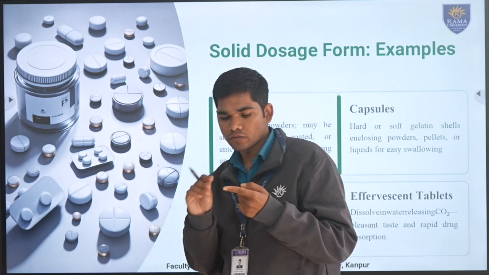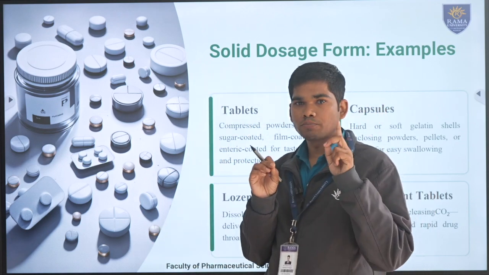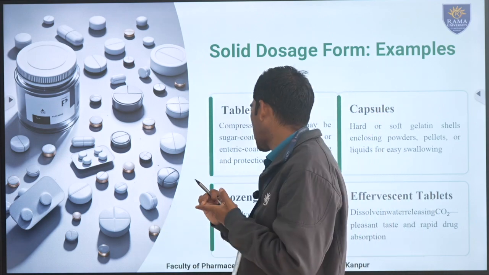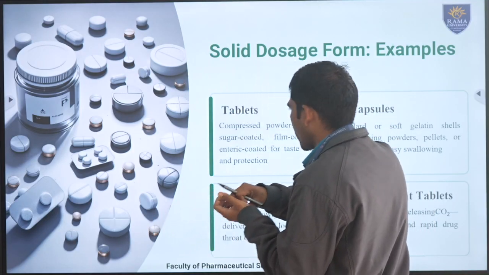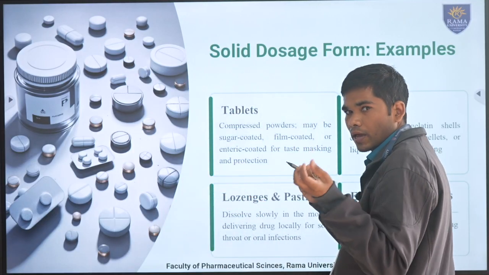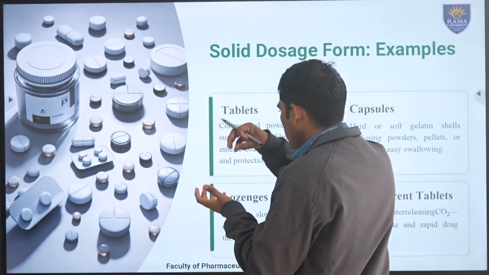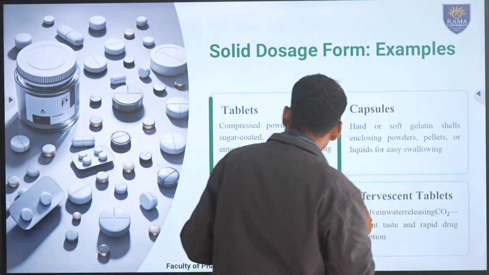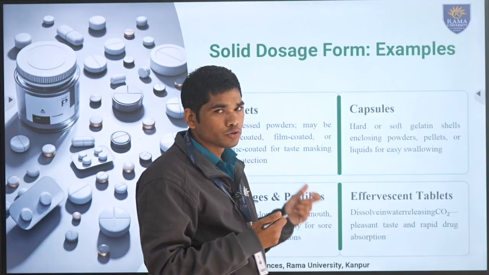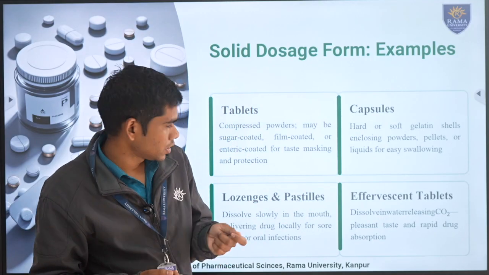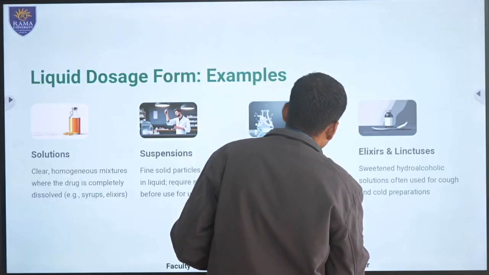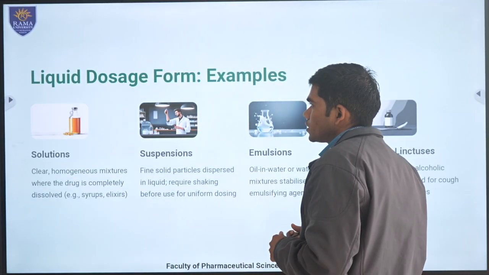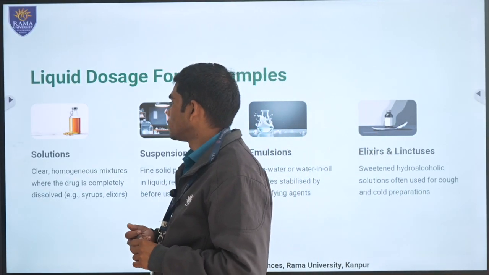Capsules have two parts: one is the body, another is the cap. The body holds the drug powder, which is a mixture of API and excipients, covered with the cap. Then lozenges, which are used for relief in cough. Then effervescent tablets. These are the examples of solid dosage form.